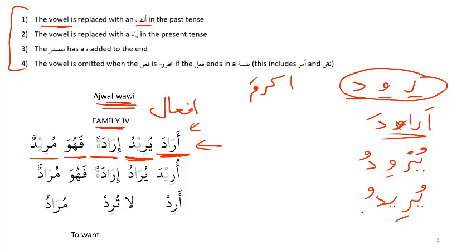It should be a kasra, right? Yes, the most smooth one is a kasra. It would not make sense to have a dhamma. That would cause an ew sound. Yuraidu also doesn't sound right. The smoothest one is yuridu.